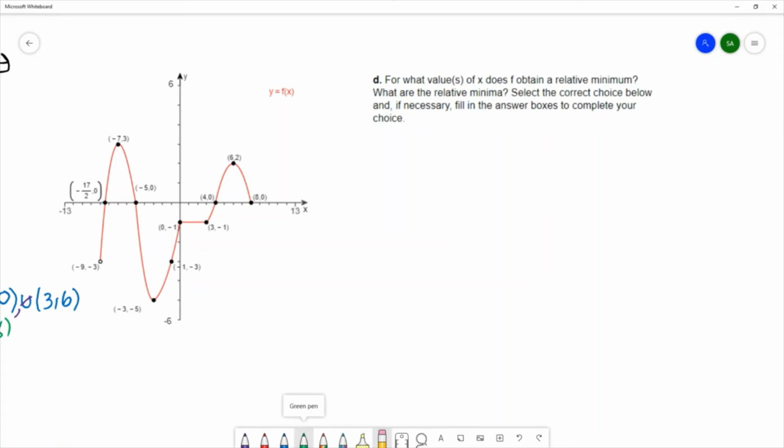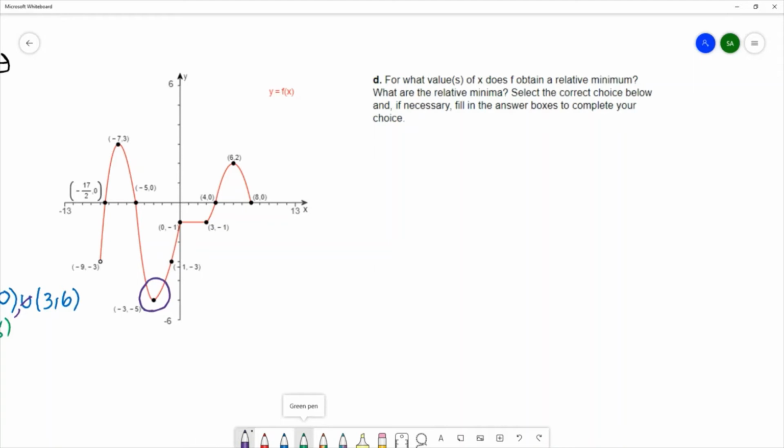So a relative minimum is when the graph obtains a lowest value in a nearby area. So what we're looking for are peaks and valleys in the graph. And I can see that on this portion of the graph, I have a valley.